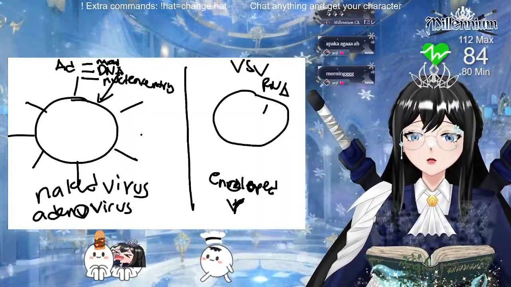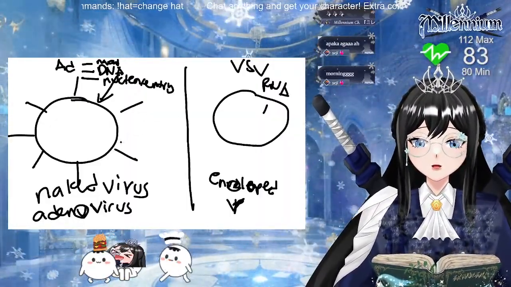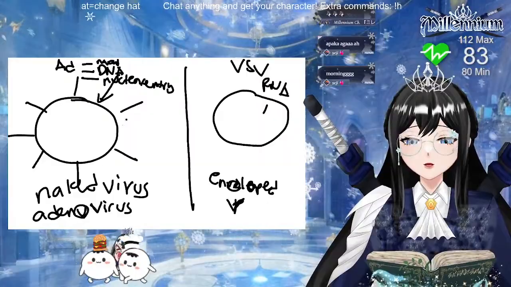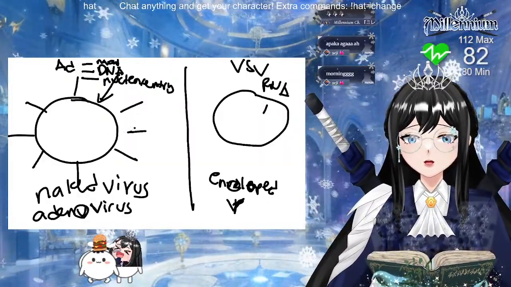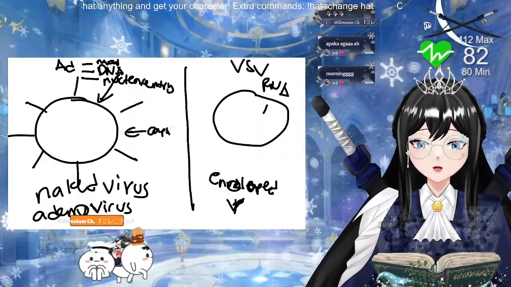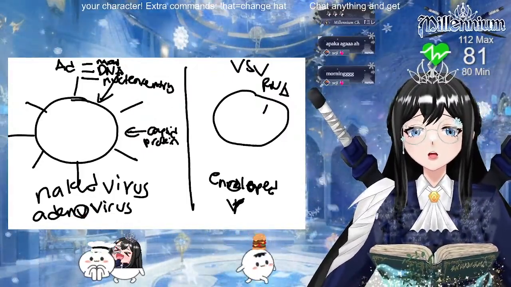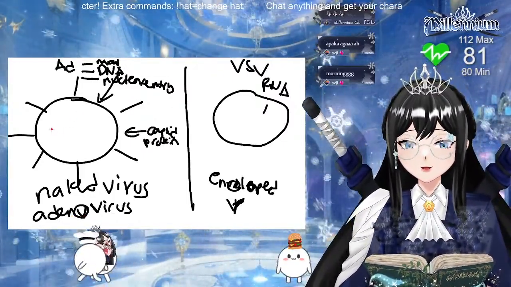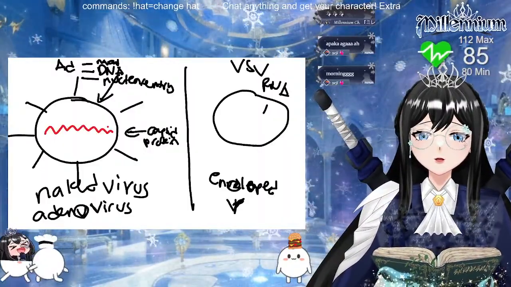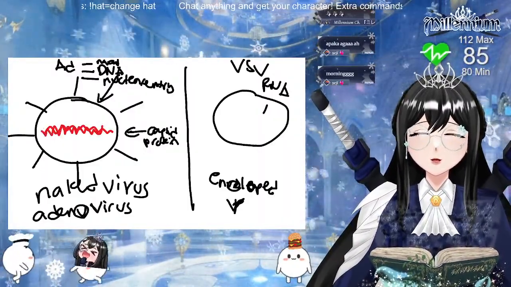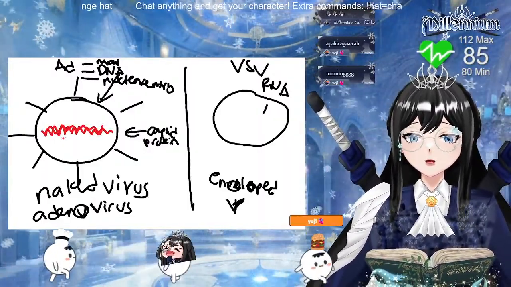If you draw it right now, viruses are made of a nucleic acid genome enclosed in a shell. This is the capsid, aka the protein shell. And then you have the nucleic acid over here. That's the DNA.